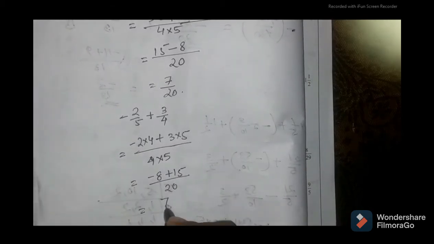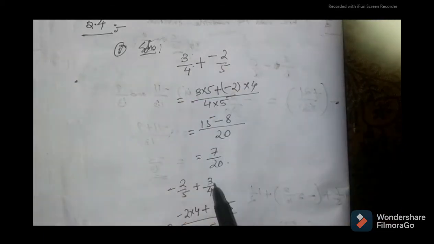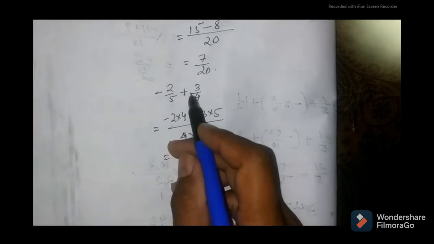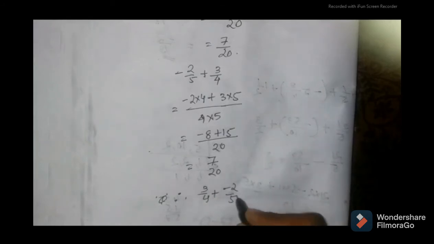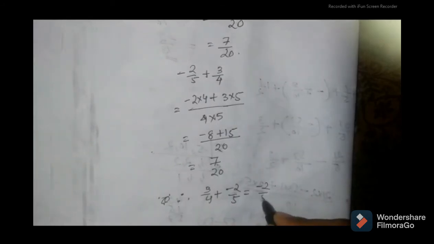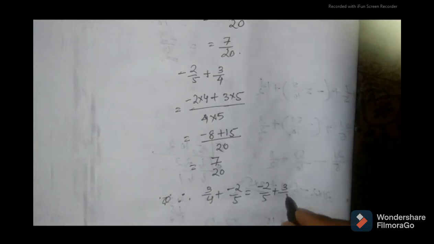We are getting 7 by 20. So we are getting the same value here. For the right hand side we are getting 7 by 20, and also for the left hand side we are getting 7 by 20. Therefore we can write 3 by 4 plus minus 2 by 5 equal to minus 2 by 5 plus 3 by 4.